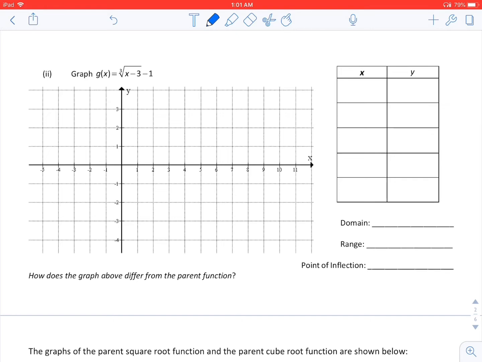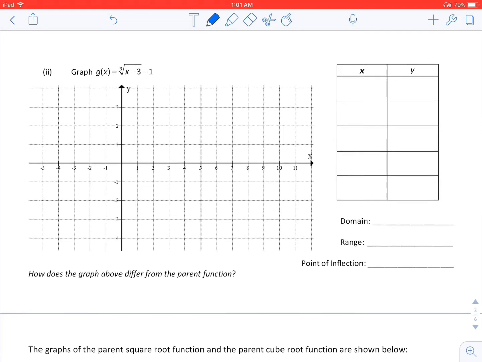The cube root function, keeping in mind that it does have 2 parts to it and the domain is all real numbers, maybe I can think of convenient values to substitute in for x that produce a whole number when I evaluate the radical. Well, let's think about this. -8 is a perfect cube.